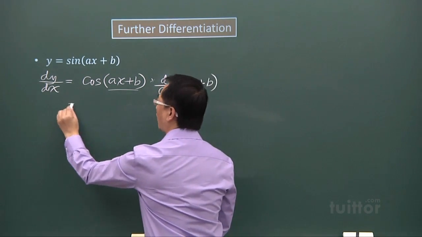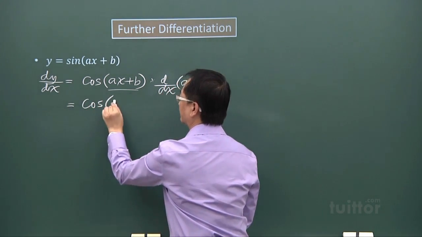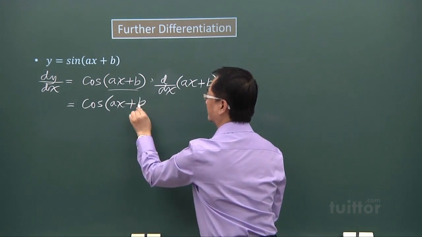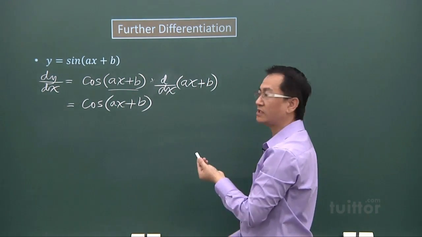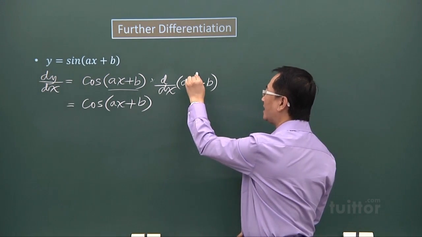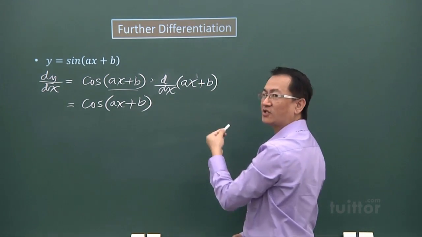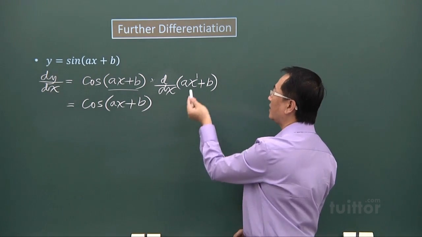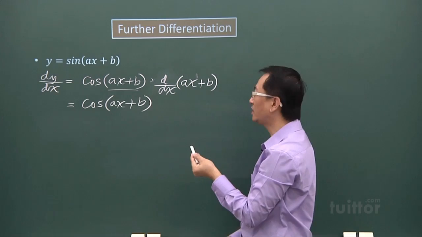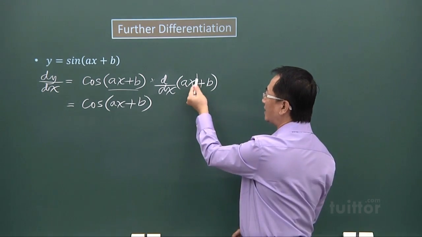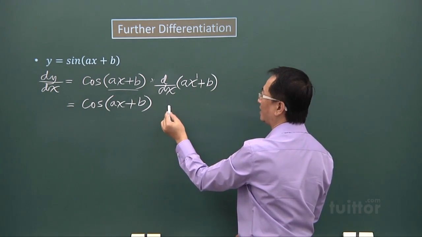Take it one step more. When we differentiate the x terms, just a reminder, ax is actually ax to the power 1. The index multiplies the coefficient of ax. So 1 times a is a.